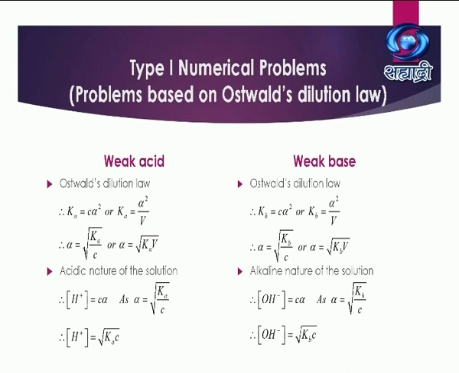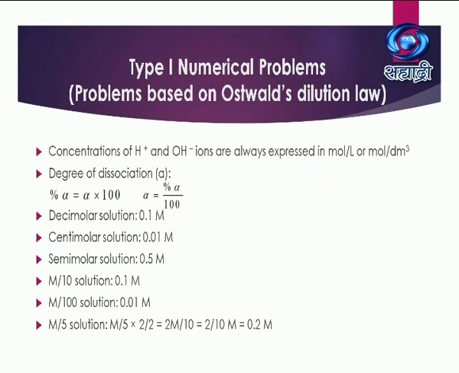Then the acidic nature of the solution, that is to find out the H plus ion concentration, the two expressions are also given. Similarly, in case of weak base, according to Oswald's dilution law, the formulae are listed, and to find out the alkaline nature of the solution, that is to find out the concentration of OH minus ions, the two expressions are also given.